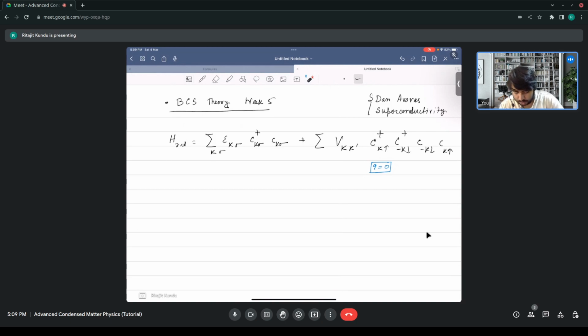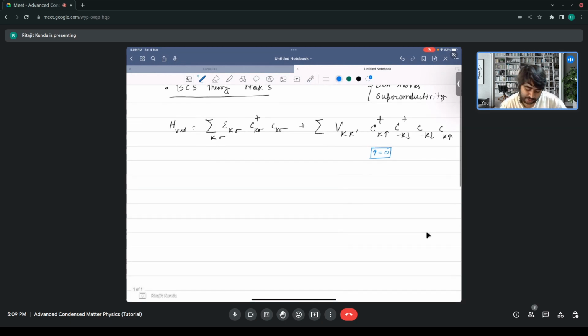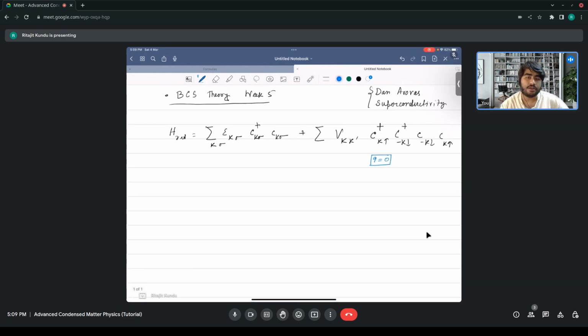The main thing that we are trying to do is to diagonalize this Hamiltonian and find the spectra, the eigenstates and so on. By looking at the Hamiltonian, you can see that if we only had this part, which is a quadratic Hamiltonian, with c dagger c, or you can say bilinear in creation and annihilation operators, then you could diagonalize this Hamiltonian.